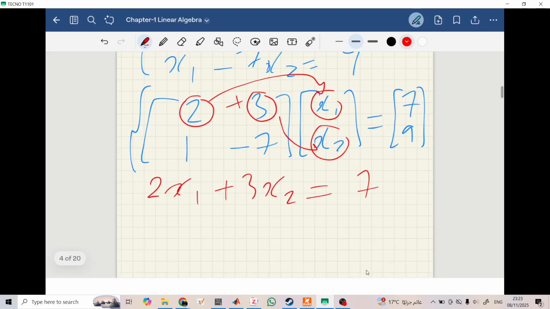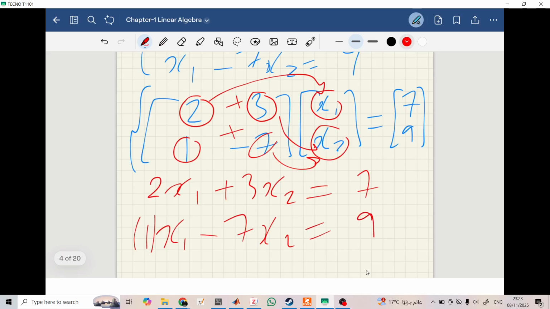As for the second equation, take the first element in the second row times the first element in the single column that we have. So we have 1 times x1 plus minus 7 times x2, equals the constant. Now we have the same representation.